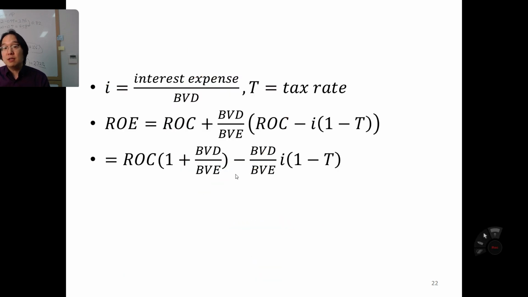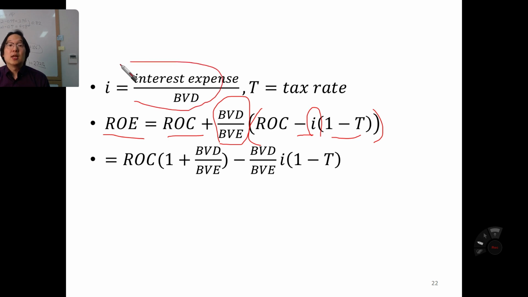So the mathematical relation between ROC and ROE is like this. ROE should be ROC plus the debt to equity book value based ratio times (ROC minus (1 minus tax rate) times the book value based interest rate).